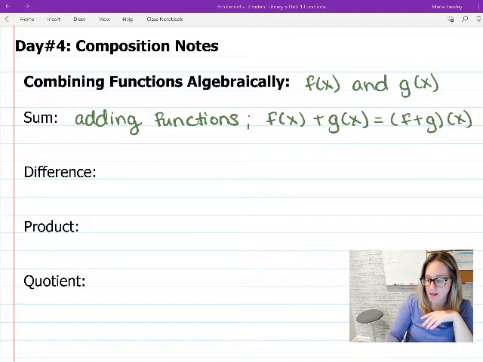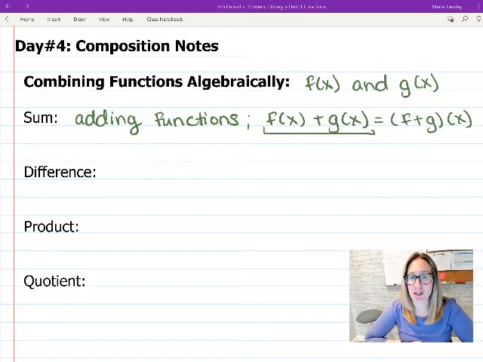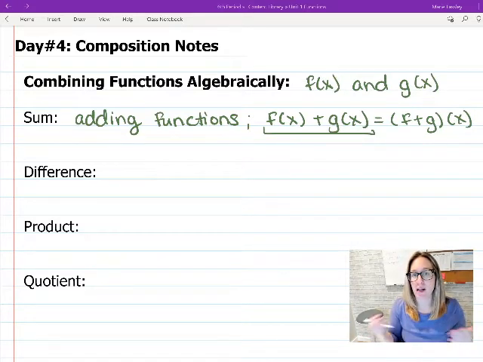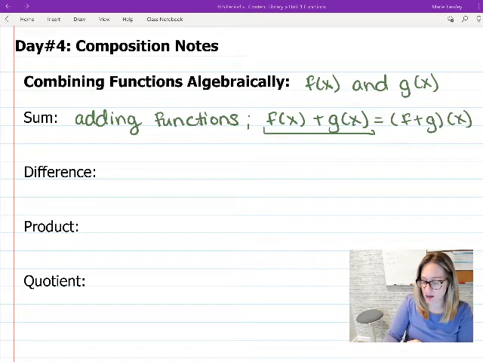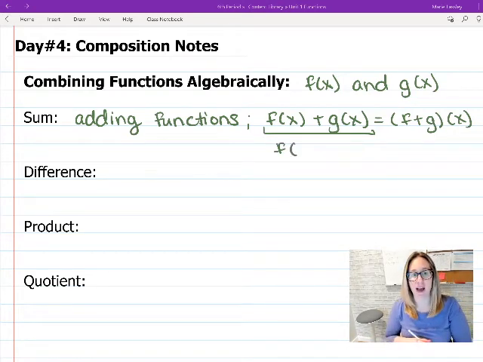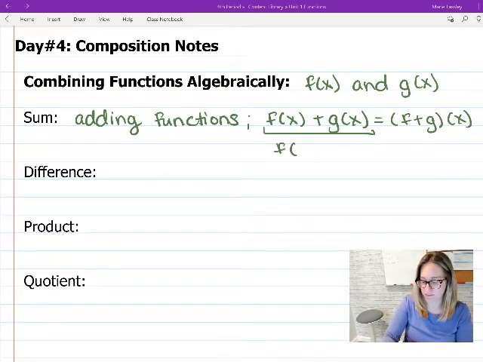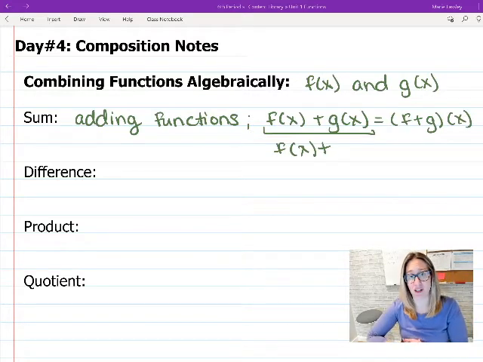The reason why the first one is maybe more beneficial is because it allows you to use different variables for different functions. Say you wanted to combine these two, but you wanted them to have separate variables. You could have f with a variable of x, but maybe function g uses the variable r.